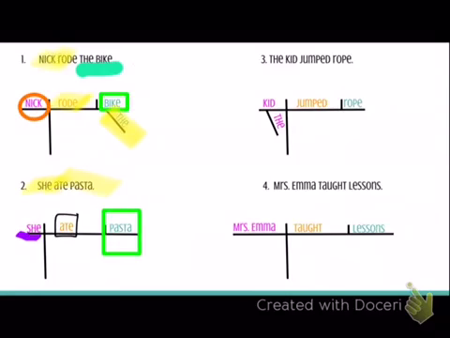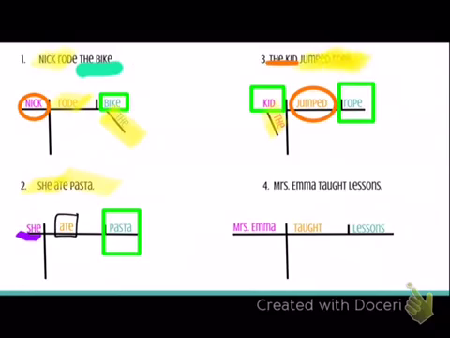Third, the kid jumped rope. What's the verb? Jumped. Who jumped? The kid. So kid will be the main subject, and the will have a line beneath kid because it's describing kid. What was jumped? The rope. Rope will be the direct object.